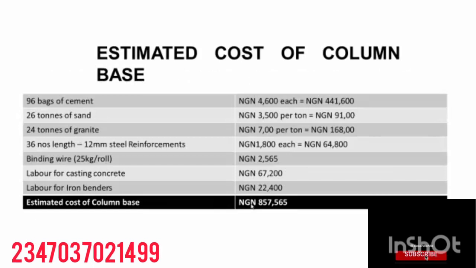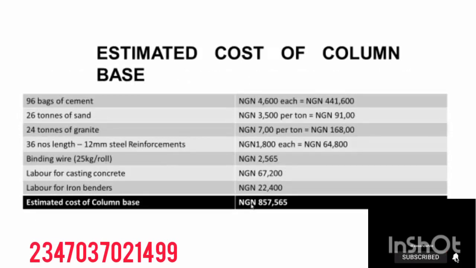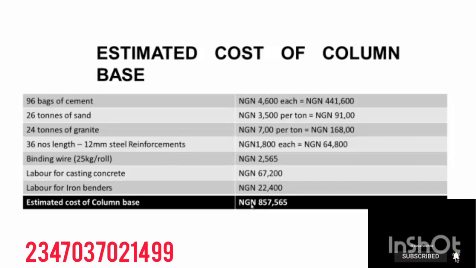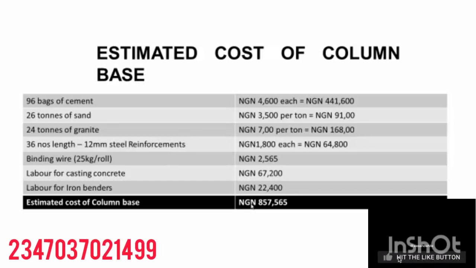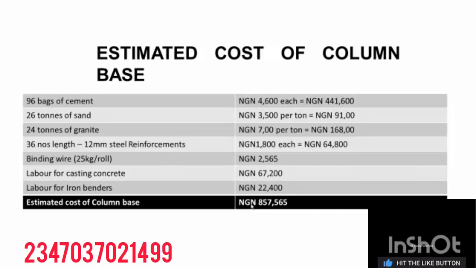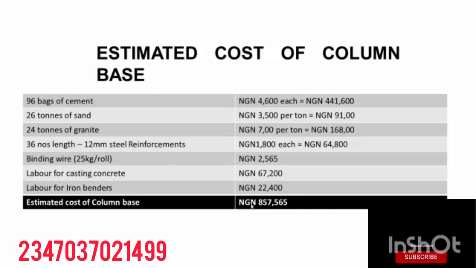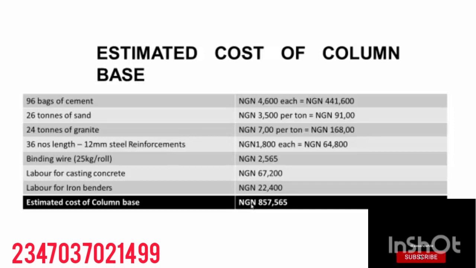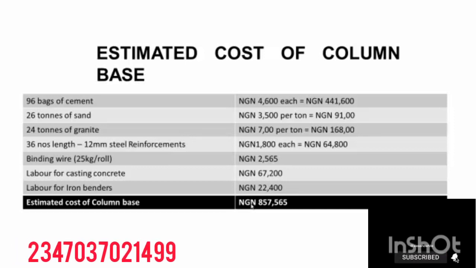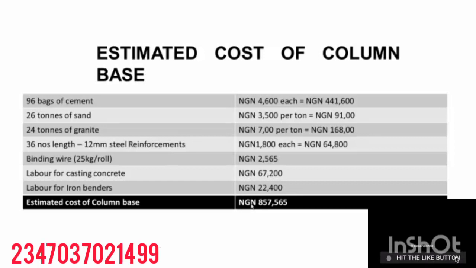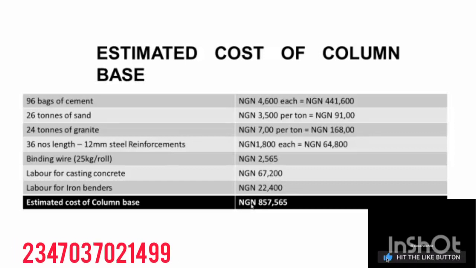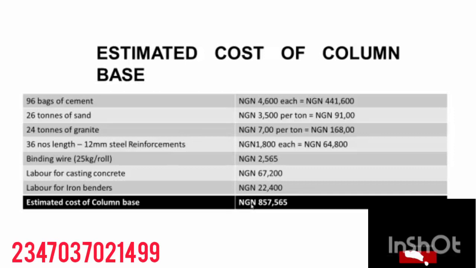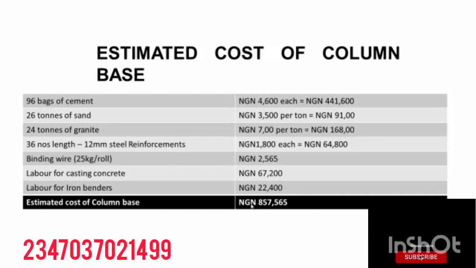Estimate cost of column base. Now, for this column base, I have 96 bags of cement, 26 tons of sand, 24 tons of granite, 36 numbers of 12 mm steel reinforcement, binding wire, and so on and so forth. You can see the prices, everything is listed by the right hand side. I have 96 bags of cement at about 4,600 each, total of 441,600.